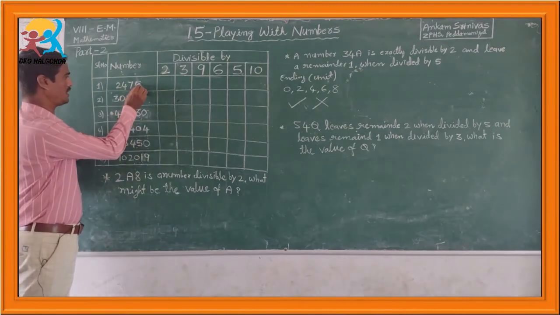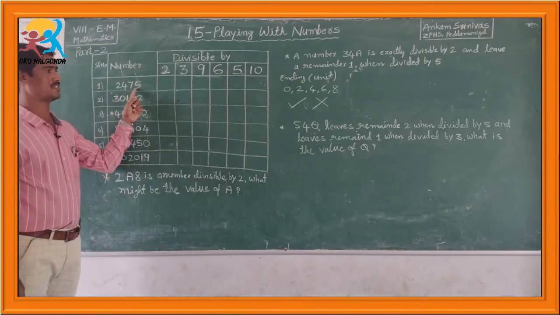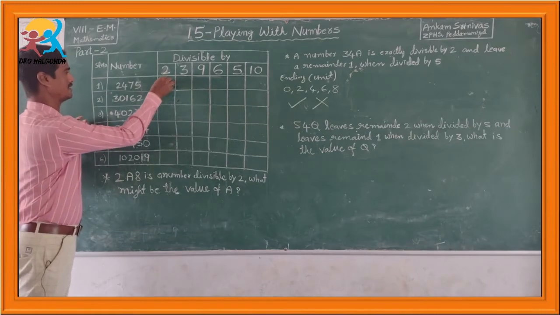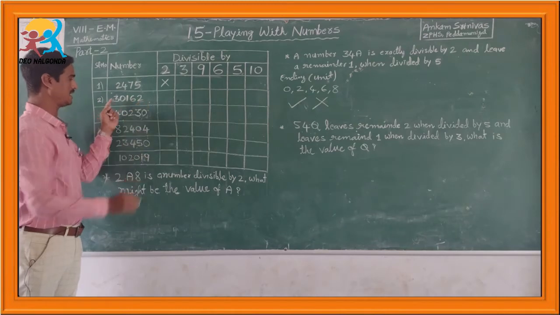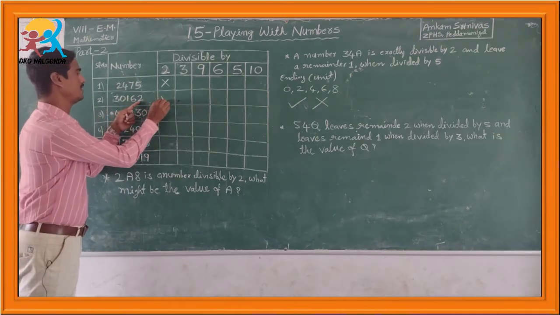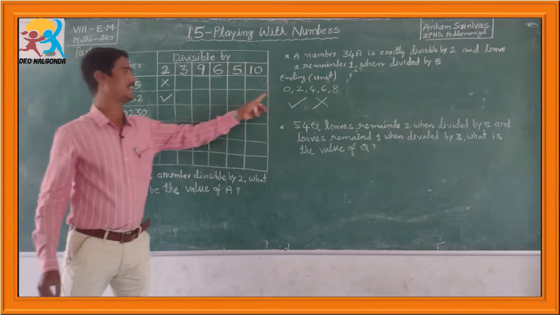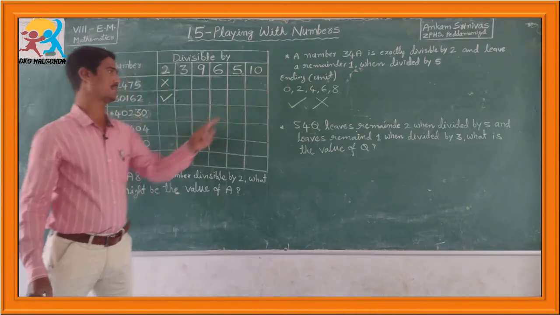Here the unit digit is 5. So it is not divisible by 2. Clear? And what is the unit digit here? The unit digit is 2. So it is divisible by 2. We know that unit digits 0, 2, 4, 6, 8 are divisible by 2.